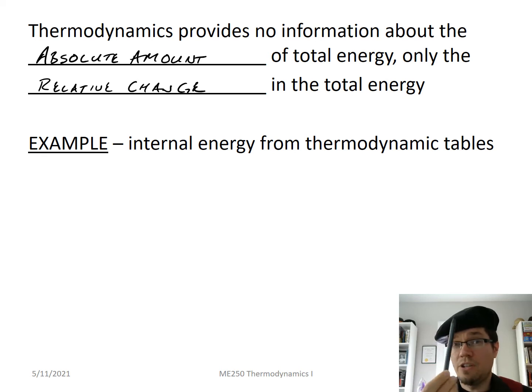Obviously, that's not useful to us when all of us are living here on Earth. We can't harness that energy. But understanding that idea that there's always a reference to your energy is really important for thermodynamics. Likewise, this thing has immense kinetic energy right now because, like the Earth, it is spinning very quickly.